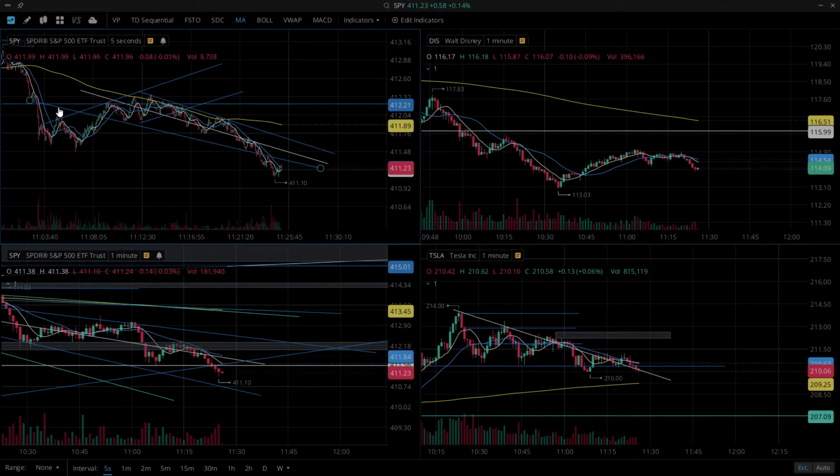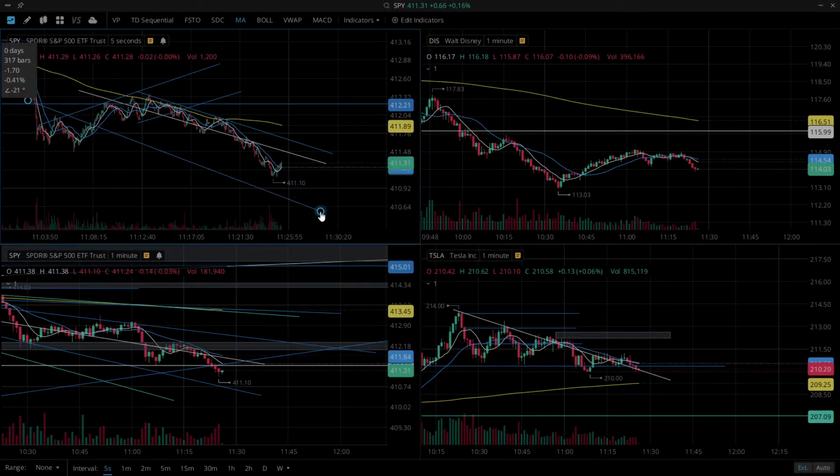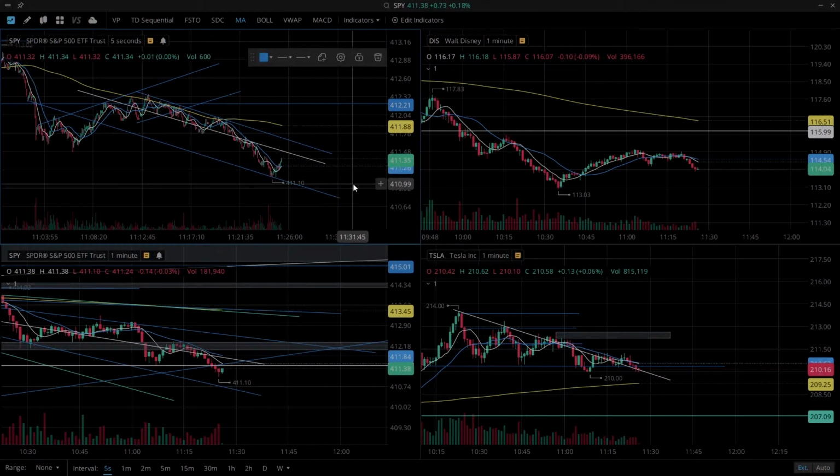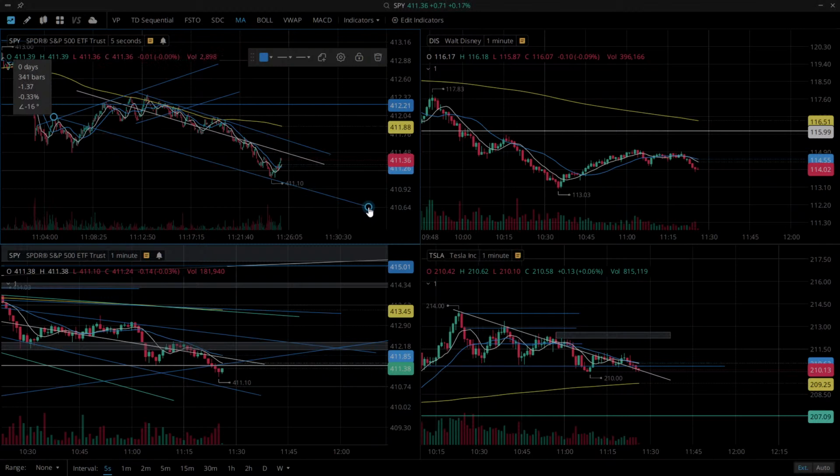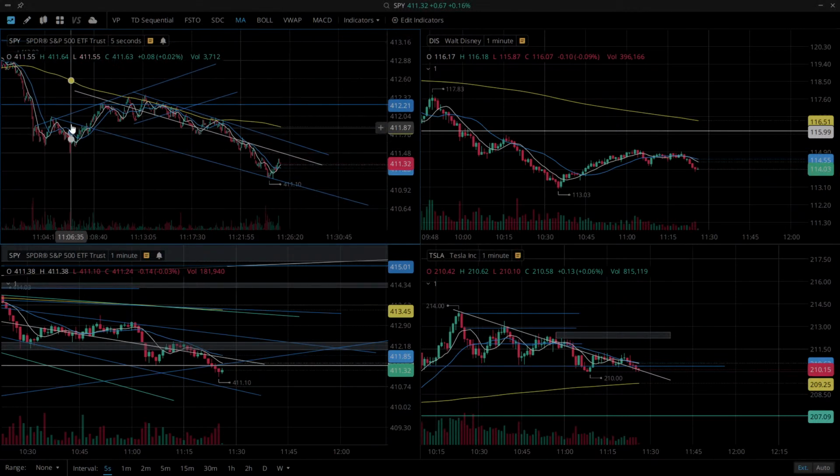Alright, so we broke down out of our descending channel from that diamond on the 5-second chart. I'm going to grab this line and adjust it. Becomes kind of an unorthodox trend line right there.